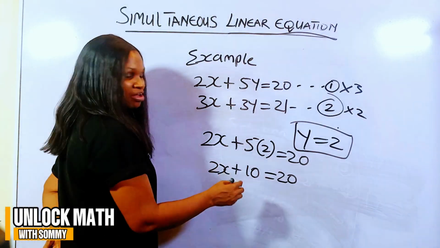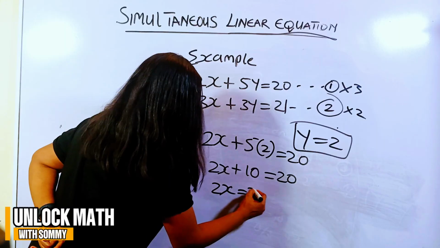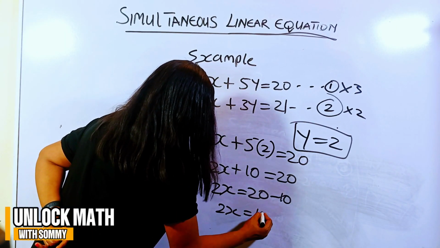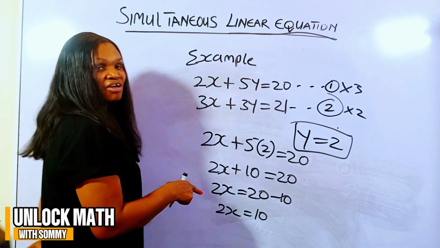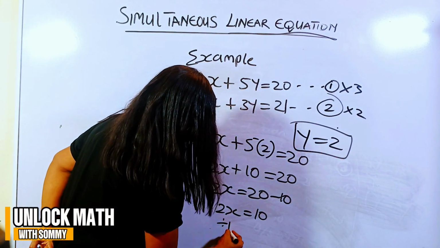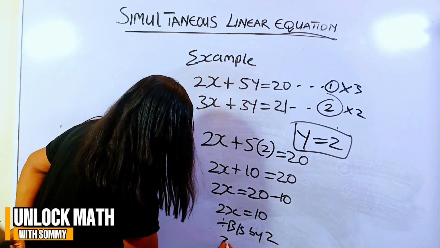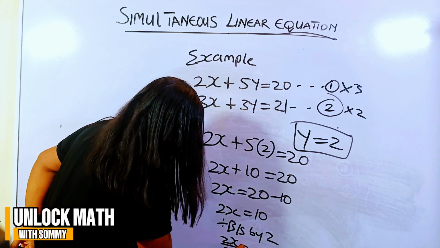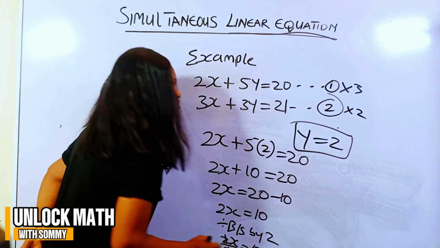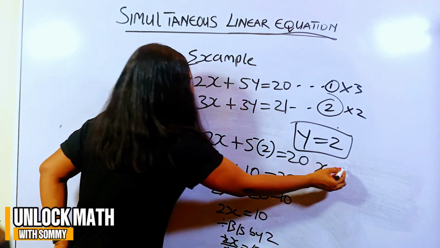Therefore, to get the value of our s, this 10 will move over to the other side of the equal sign. Now 2s is equal to 20 minus 10, so 2s is equal to 10. To get the value of our s, we divide both sides by 2. Therefore, the value of our s is equal to 5.